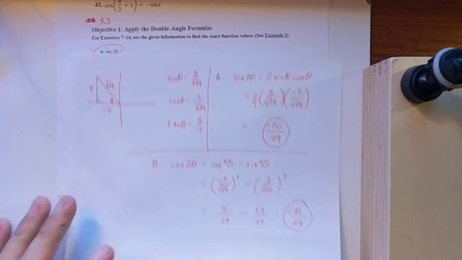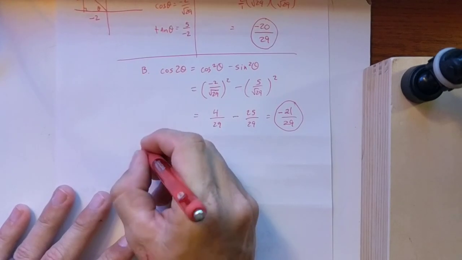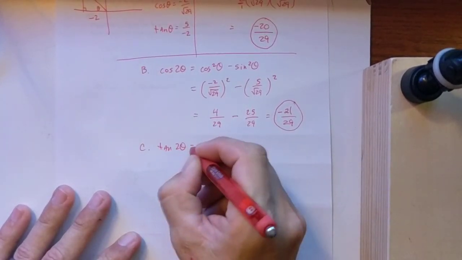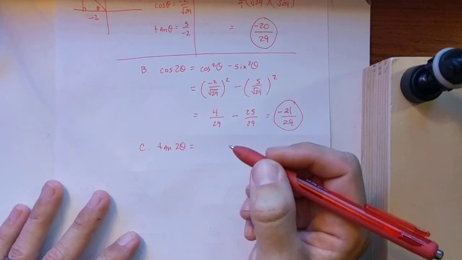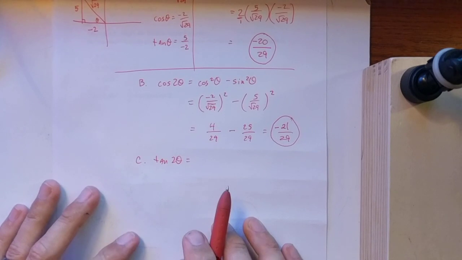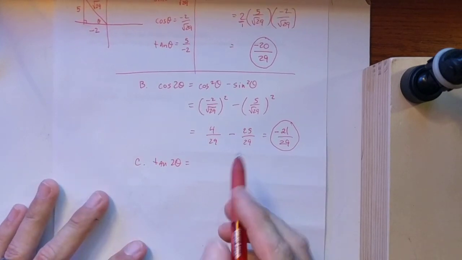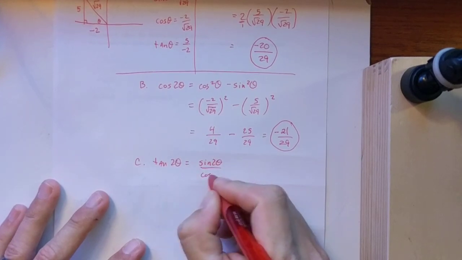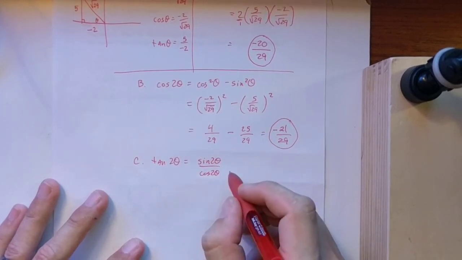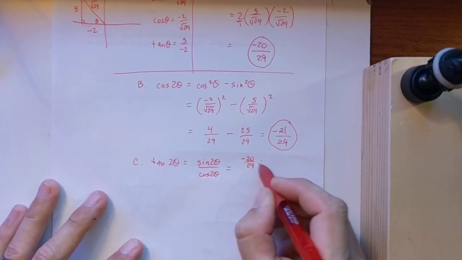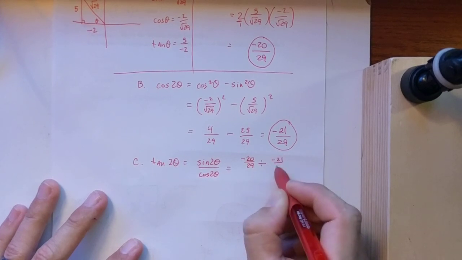All right. For part C, I'll just go ahead and finish this off, and then we'll be done for the day. The tangent, there's a tangent formula for this, right? But I'm going to skip that formula, because I'm going to remember that I just do sine divided by cosine, right? So that is the first answer that we got divided by the second answer that we got.